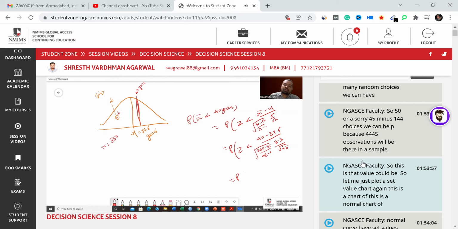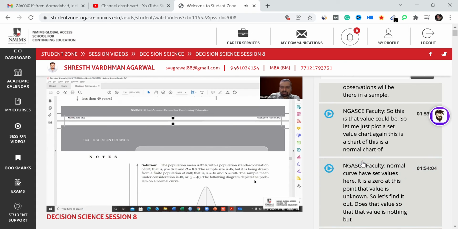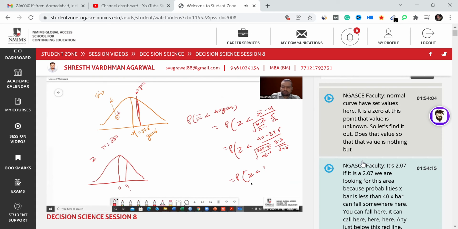Let me plot a Z value chart again. This is a normal curve of Z values. Here it is 0. At this point the Z value is unknown, so let's find it out. That Z value is 2.07. We are looking for this area because the probability is x bar less than 40.